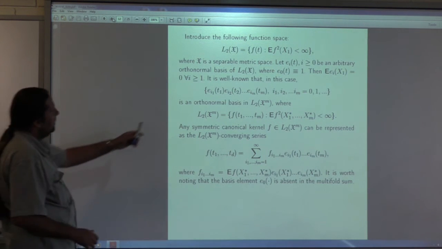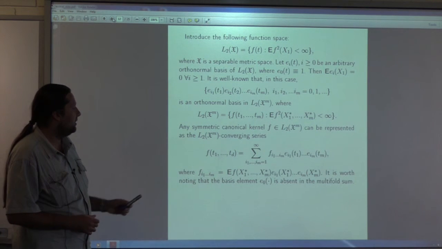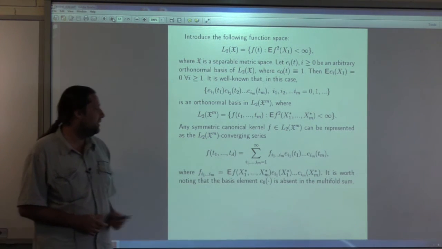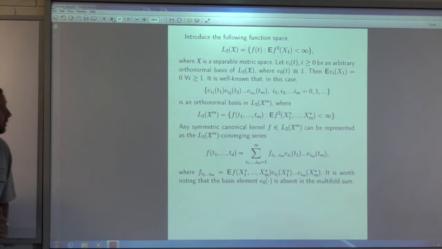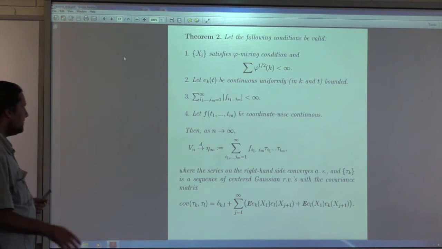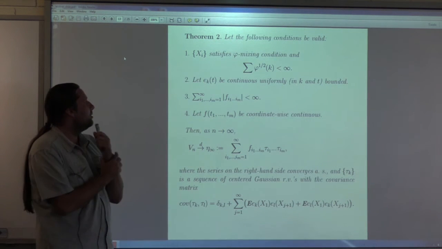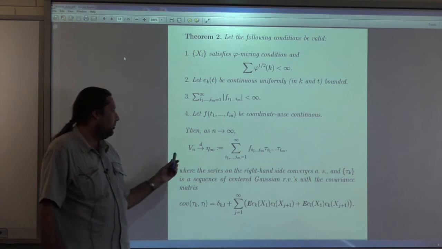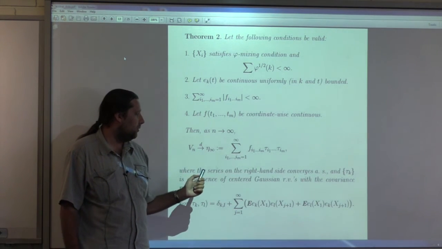Here we have basis functions, and we can use such a decomposition of the kernel function. And using this approach, we can prove limit theorems for the sequences of U and V statistics respectively, and under some conditions on the kernel function, we have convergence to such multiple orthogonal series.